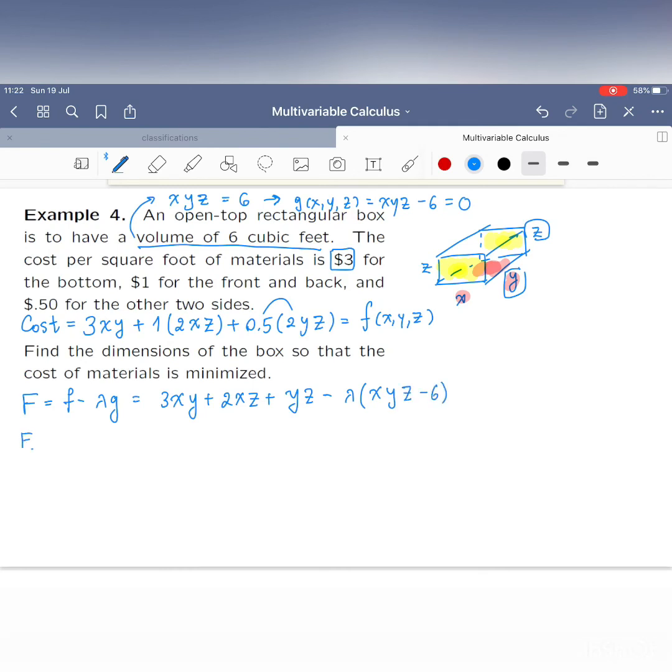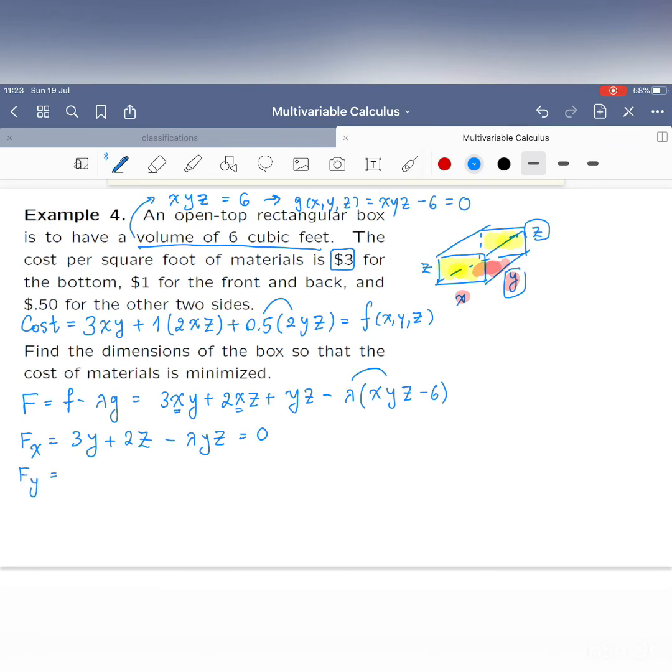And then you need to find the derivative with respect to the first variable x, which is 3y plus 2z. You see, here's the x, there's the x, and also this one, minus lambda yz, make it equals to 0.